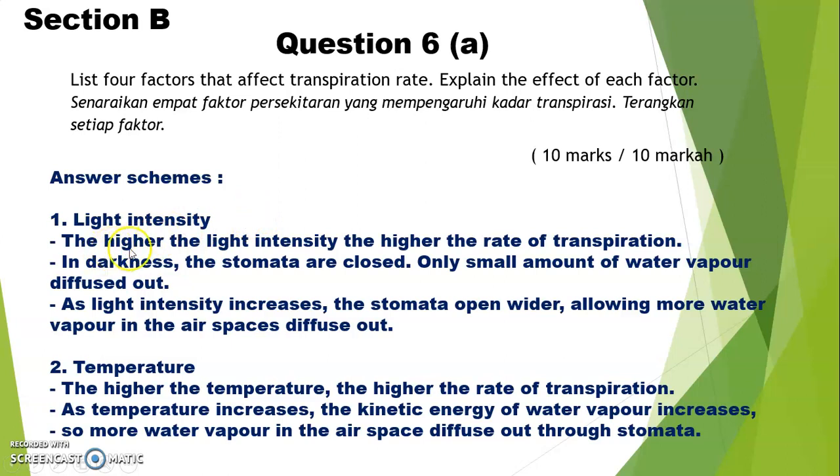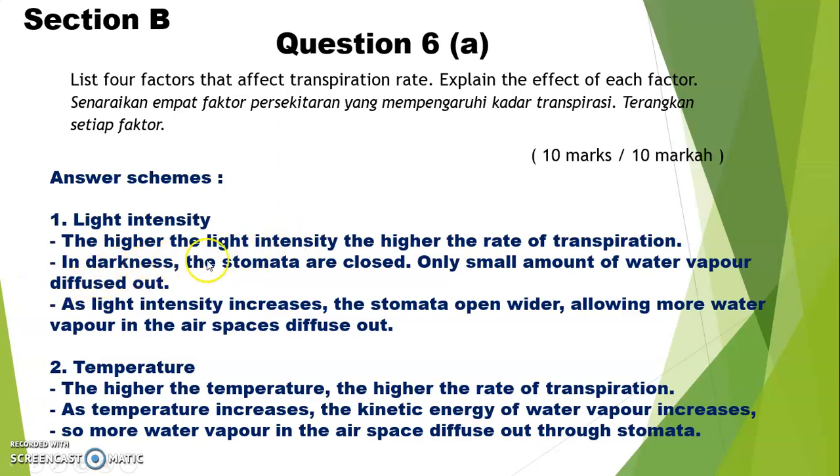And then, the higher the light intensity, the higher the rate of transpiration. You have to mention the relation between the light intensity and the rate of transpiration. That is the second mark. Then you have to explain a little bit about the relation.